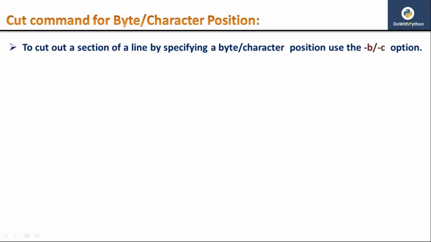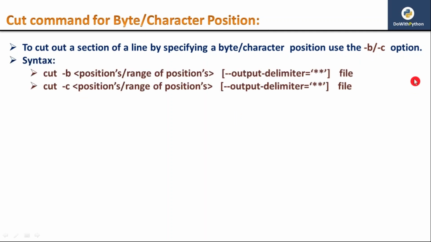Basically, to cut out a section of a line by specifying either byte or character positions, you have to use the -b or -c option. The syntaxes are the same except for -b or -c.